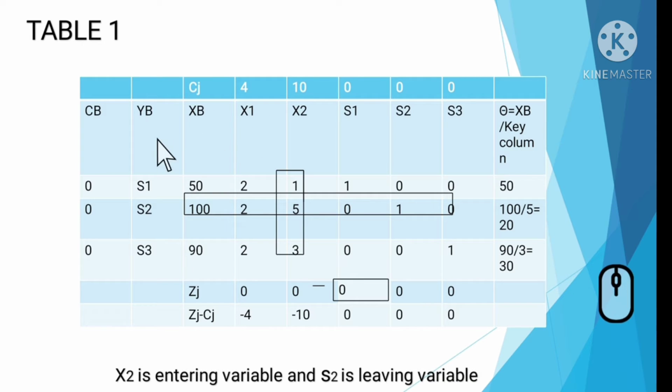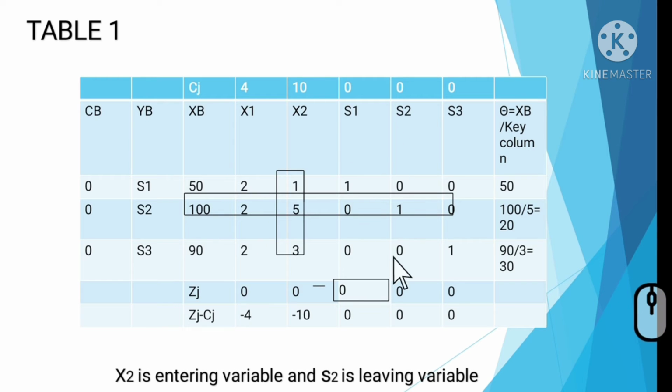Next we are going to write XB. XB is nothing but the available resources in the constraints, that is 50, 100 and 90. These are all the coefficients of x1, x2, s1, s2, s3 in the constraints.